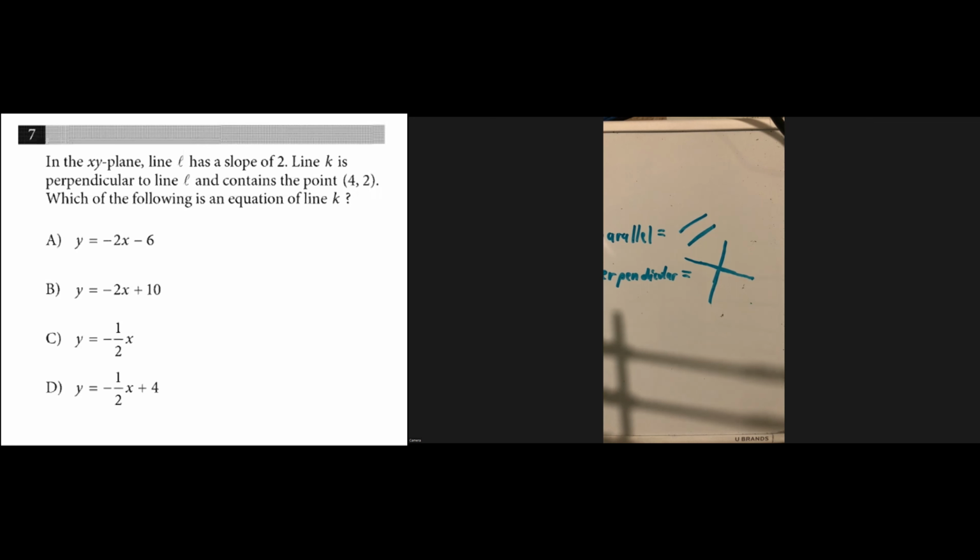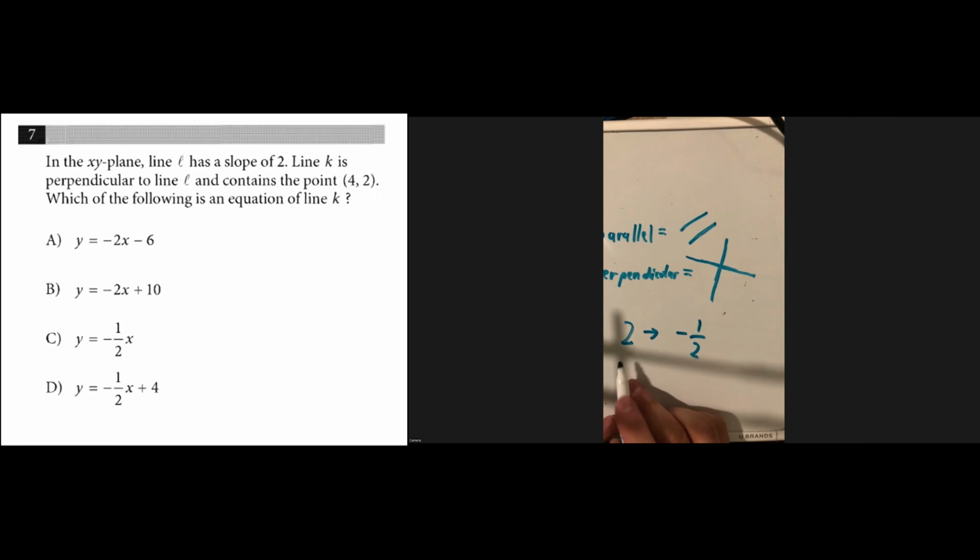Parallel would mean that they have the same slope. Perpendicular means that they have an inverse slope. I think that's exactly what the terminology is. So L has a slope of 2. That means that K has a slope of -1/2.